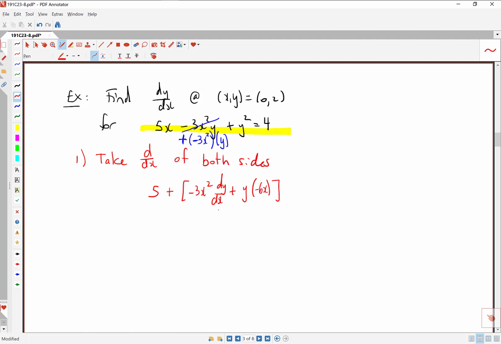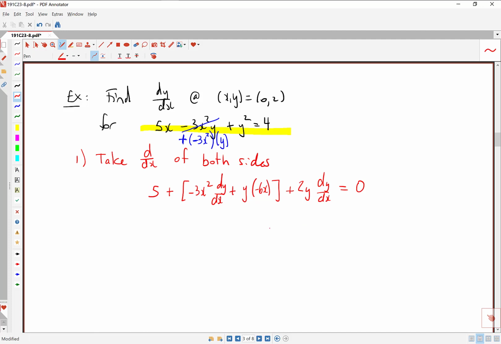So anytime you differentiate a y term, you get this dy/dx multiplied on there. Anytime you're differentiating an x term, things work as normal. Okay, and then finally, taking the derivative of y squared, you'd have 2y times dy/dx. Over on the right side, derivative of any constant is 0.